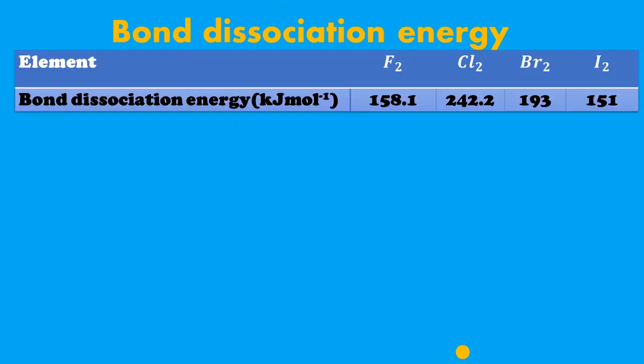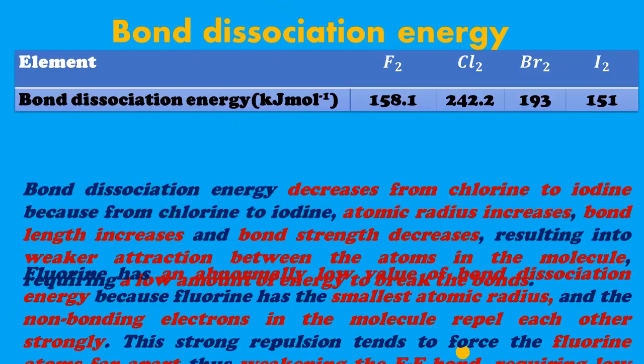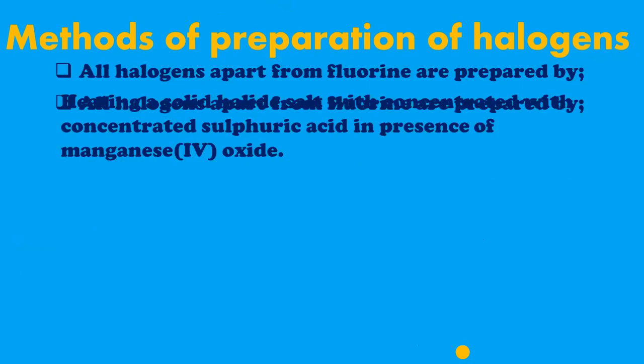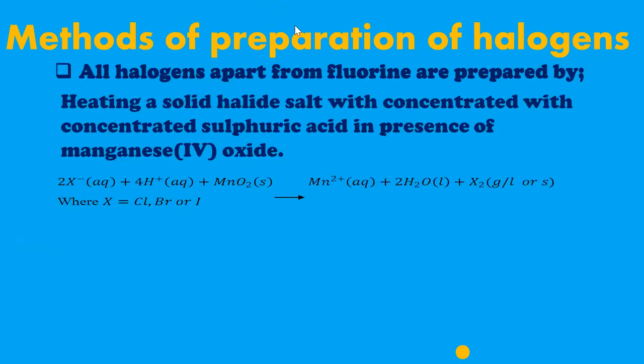We looked at the bond dissociation energy of these elements. We looked at the various methods of preparation of chlorine and the general method for preparation of all of the halogens with the exclusion of fluorine.